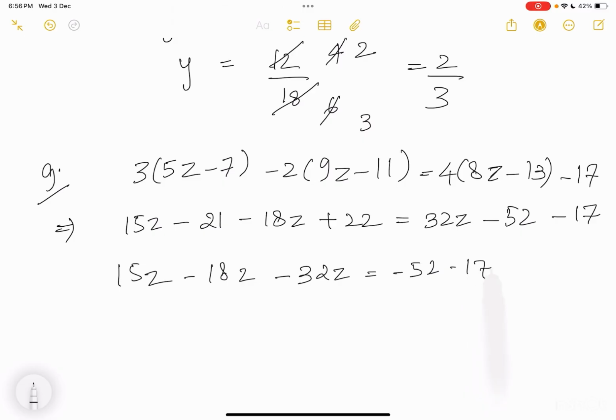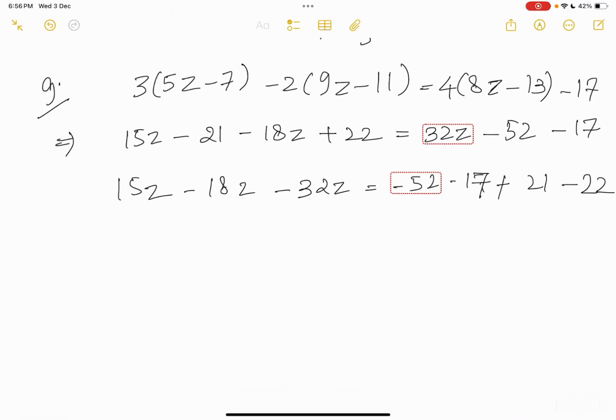And please practice, because practice is the only way by which you can get your algebra strong. There's nothing like it, you need to just practice this.